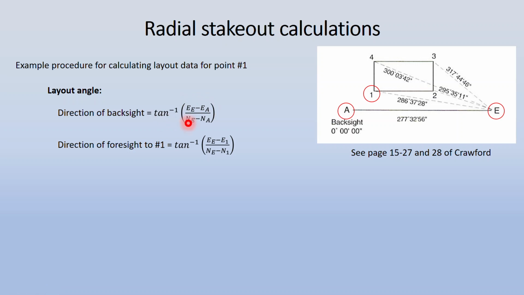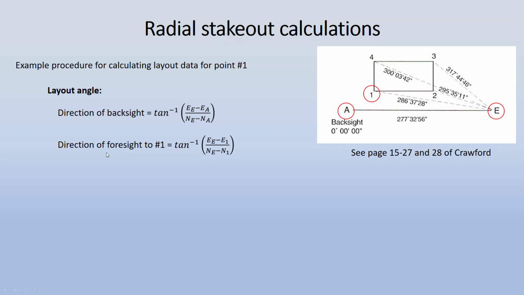So the northing value of control point E and the northing value of control point A. You divide those two results and you take the inverse tangent, and that gives you an angle or a direction. And probably decimal degrees. Whenever you get a result in decimal degrees in your calculator, you certainly want to convert that into degrees, minutes, and seconds, because that's the format of an angle that we're going to assign to our tools when we measure them in the field.